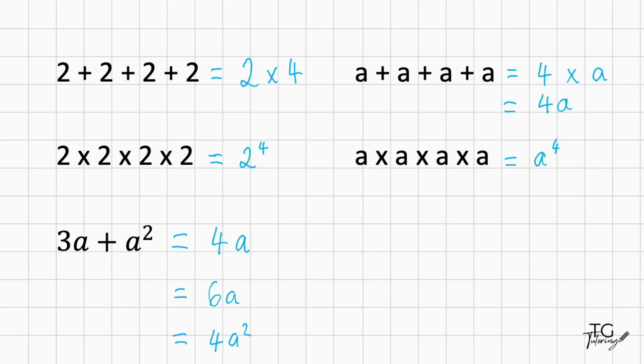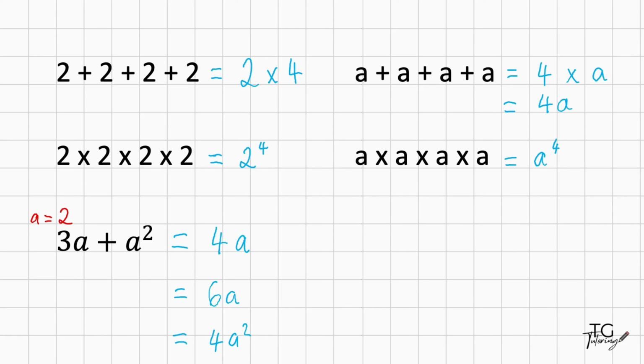So let's say we think it's 4a. The best way for us to figure out if any of these answers are correct is to substitute in a value for a. Like we said, a just represents a number that we don't know. So I'm going to choose a equals 2.